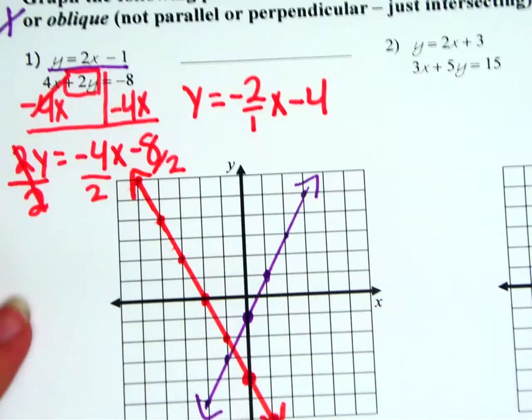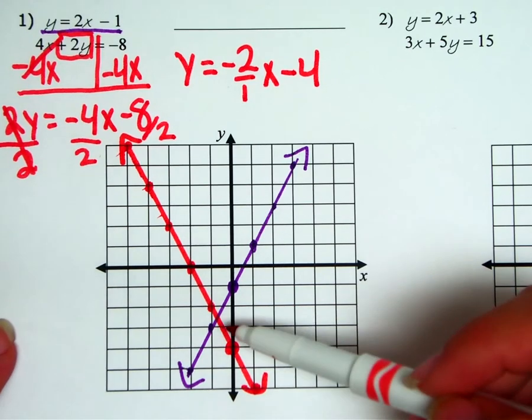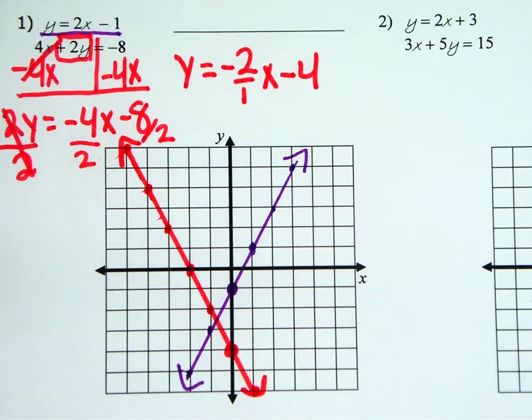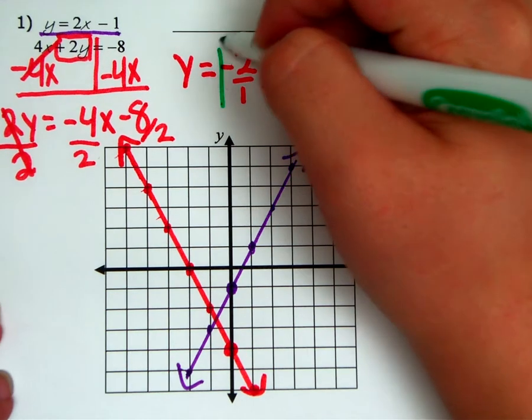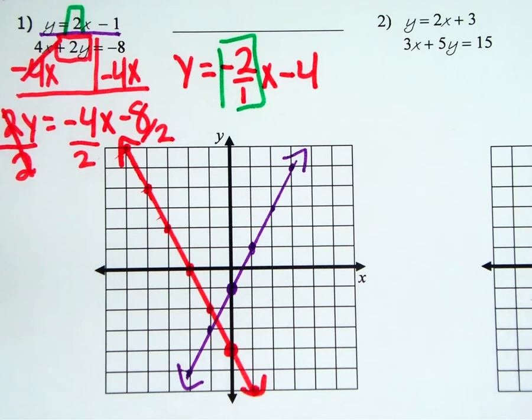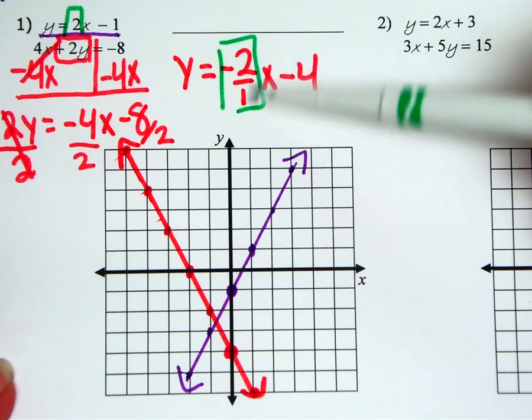Now, if we look at these lines, we notice that they do cross, so it's not going to be parallel. So let's look at our slopes. Our slopes for these two lines are -2 over 1 and +2. So it's either going to be perpendicular or oblique, but we know perpendicular lines have a flip of the slope.